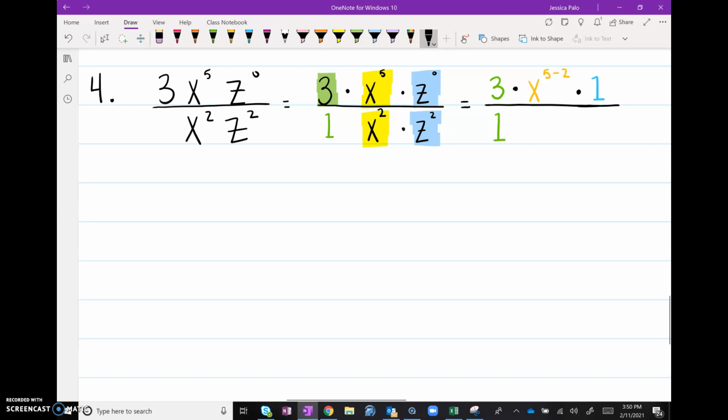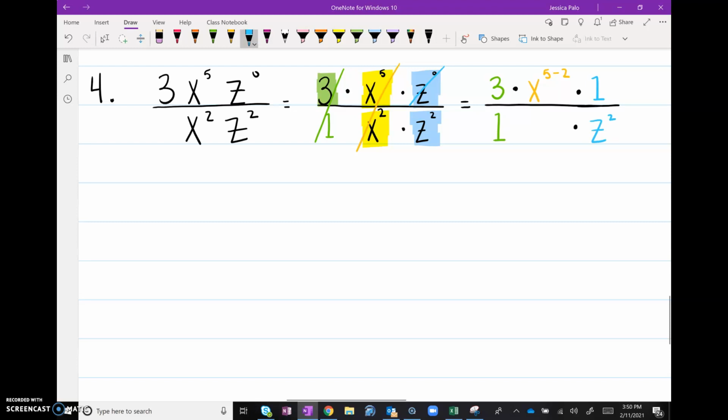So I'm going to replace that with a 1. I'm done with my 3. I'm done with my x's. I dealt with my z to the 0. The only thing I have left is z to the 2nd power, and that's in the denominator. So I'm going to put z to the 2nd power in the denominator.